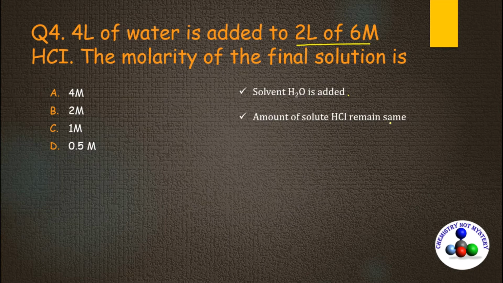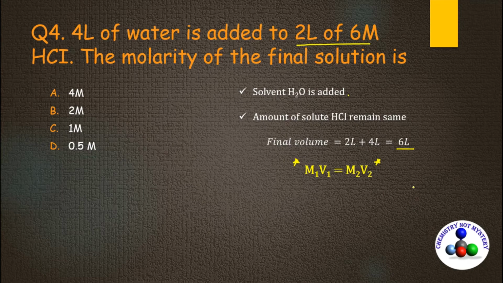On adding 4 liter of water to 2 liter of solution, the final volume of solution becomes 6 liter, and here you can use the formula M1V1 = M2V2. M1 and V1 are the molarity and volume of the initial solution and M2 and V2 are that of the final solution. So you can calculate the new molarity M2 by solving the equation. Let's go to the next question.